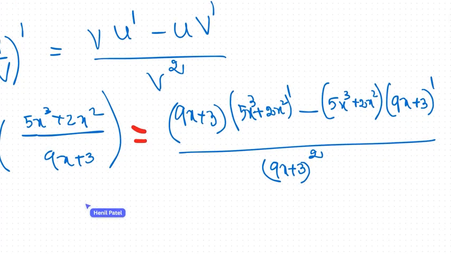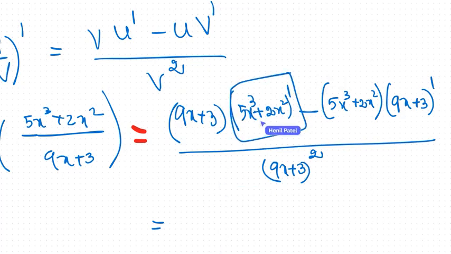Okay, so now try to simplify. How much is the derivative value? We have to take the product. The derivative applies to this term only; this is not under the influence of the derivative, so we take out the constant. First it is an addition, two things are added, so you deal with them individually: 5x cube's derivative plus 2x square's derivative.